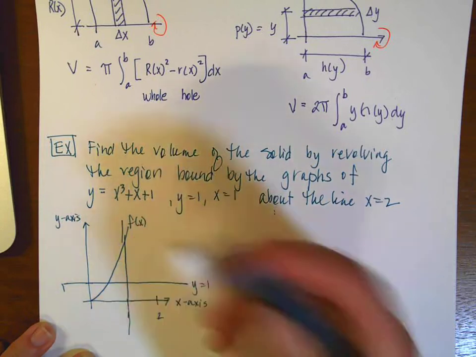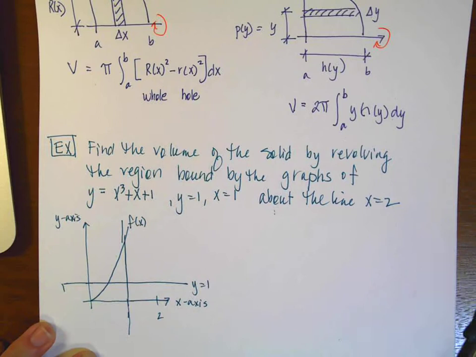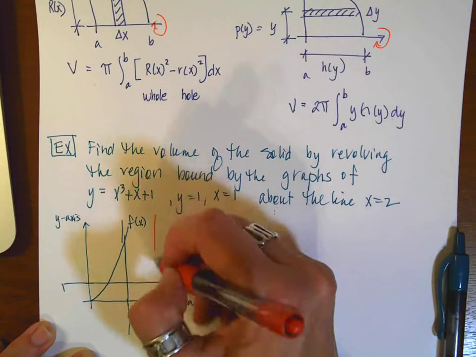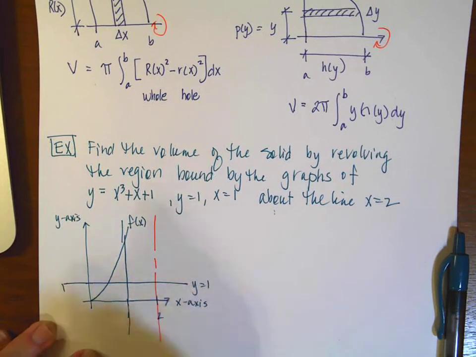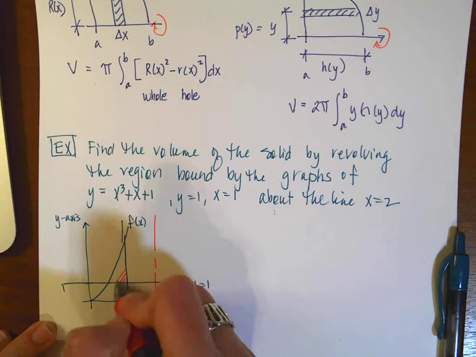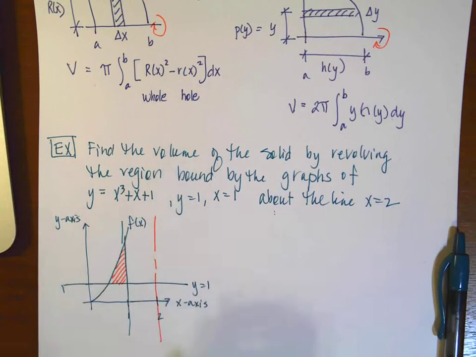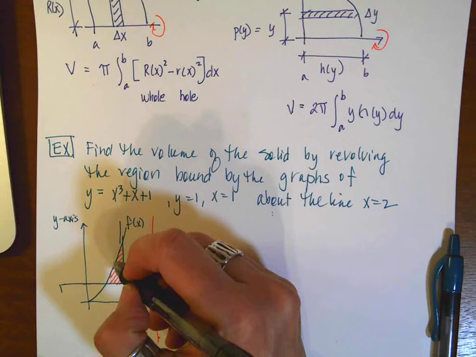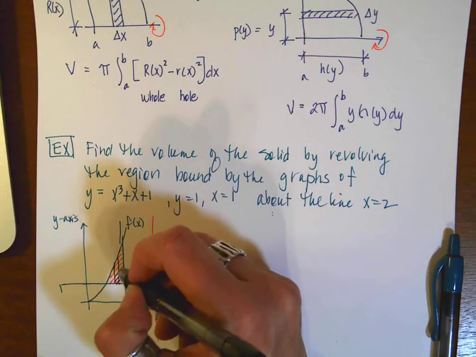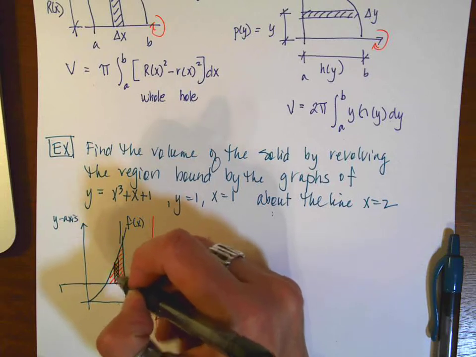And then I'm going to go x is equal to 1, which is this line right here. And I'm going to draw my axis of revolution in a different color. That's the center line in drafting, by the way. So then this is the image that I am going to rotate about this. So you could probably do either method, but I think at this point the shell method is probably easiest.